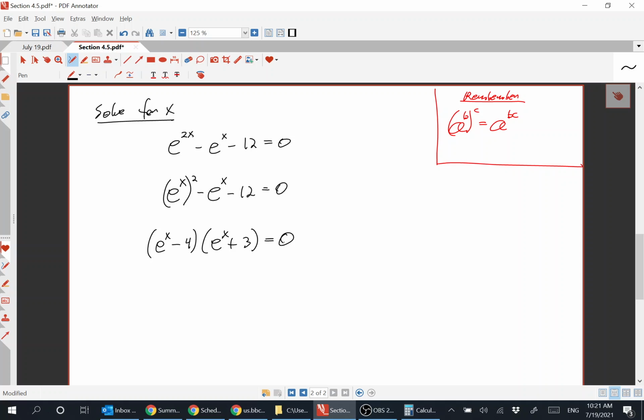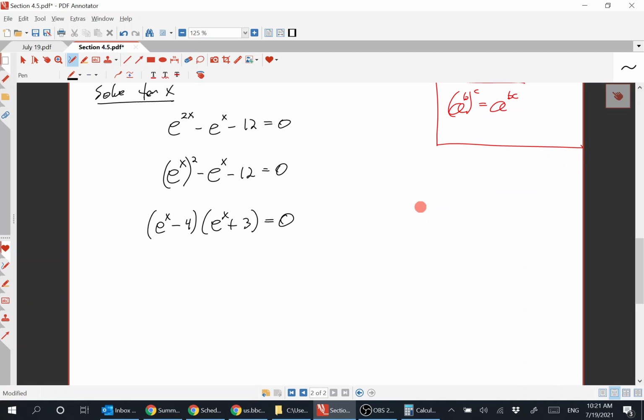It's a quadratic-like equation: blank squared minus blank minus 12, instead of x squared minus x minus 12. We've done these before. Just like x squared minus x minus 12 is x minus 4 times x plus 3, this one is e to the x minus 4 times e to the x plus 3.